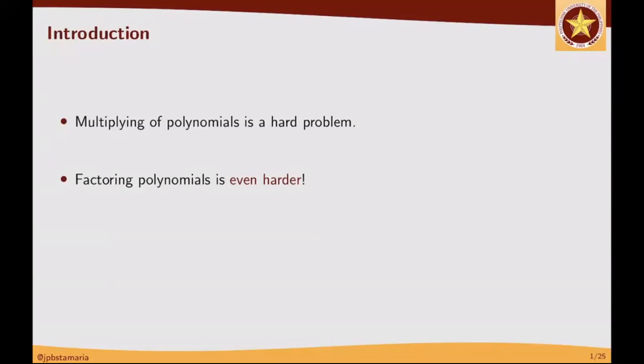Bakit ito issue? Kasi alam niyo ba yung mga crypto systems natin na ginagamit to encode data, decrypt and encrypt data sa mga ATM, sa mga credit cards, yung mga codes diyan. Alam niyo yung encryption procedure niyan gumagamit ng dalawang prime numbers.